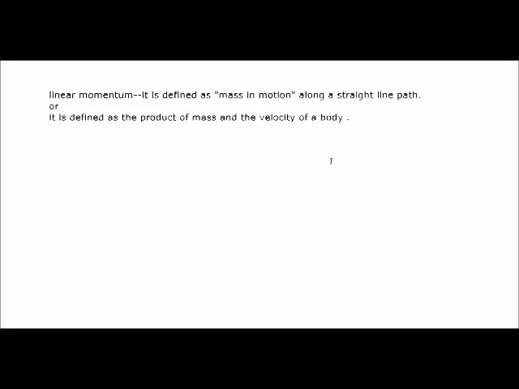Now what is the formula for linear momentum, how is it represented? It is represented by small p. So p equal to mass into velocity, that means p equals m into v. P is a vector quantity.